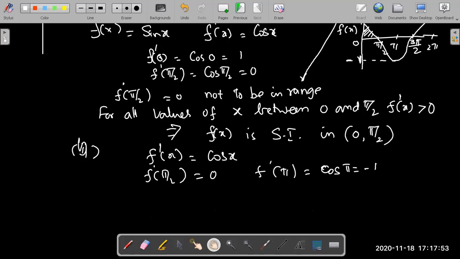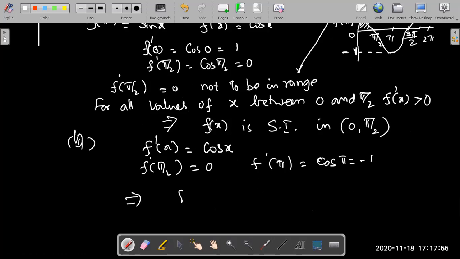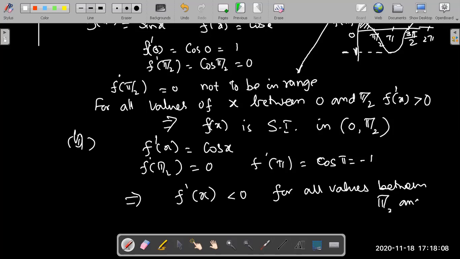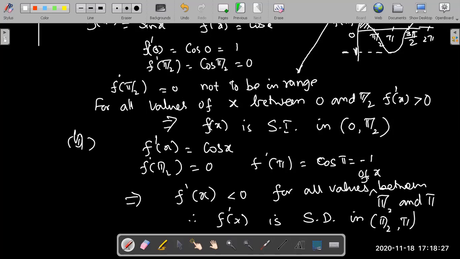So that implies f dash x is less than 0 for all values of x between pi by 2 and pi. Therefore, f of x is strictly decreasing in pi by 2 to pi. So that's the third question, part B.